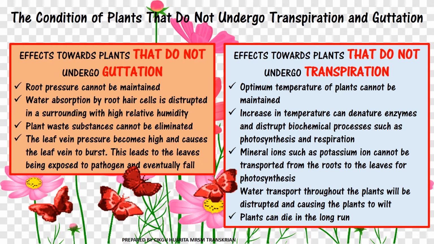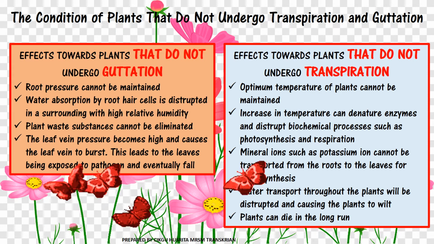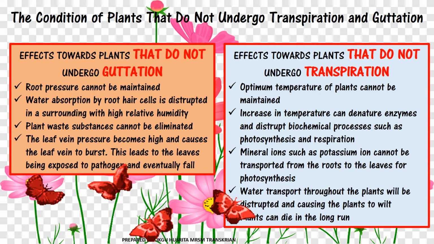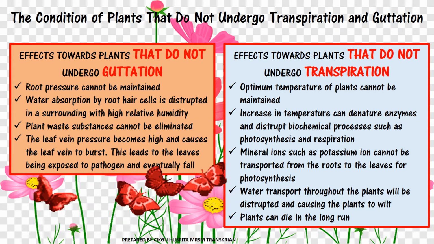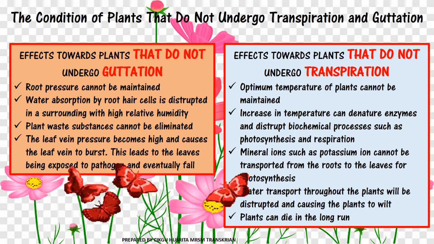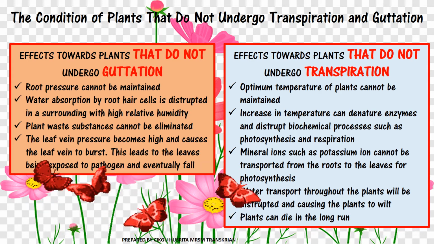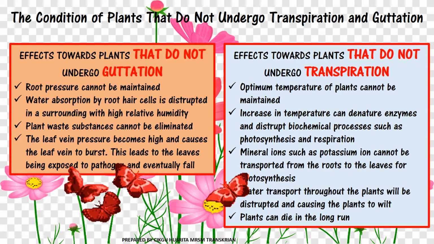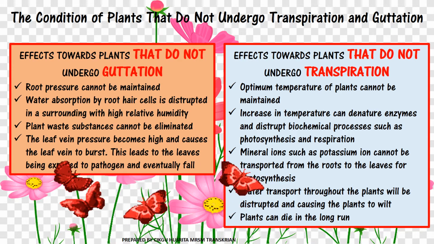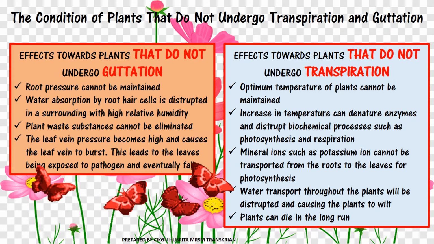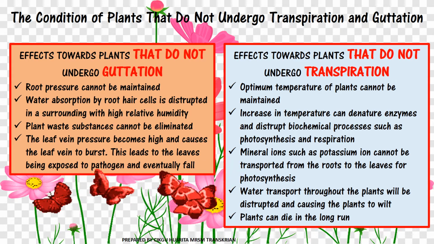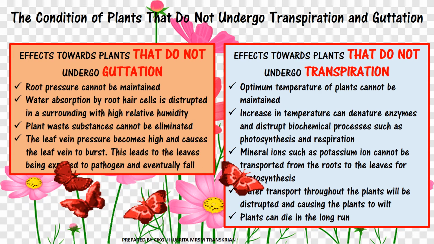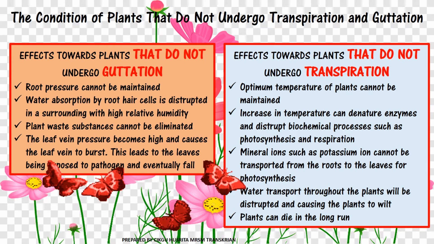Number 3, the plant waste substances cannot be eliminated. And the last one, the leaf vein pressure becomes high and causes the leaf vein to burst because of the root pressure. This will lead to the leaf being exposed to pathogens and eventually falling. Okay, these are 4 effects if guttation does not occur.